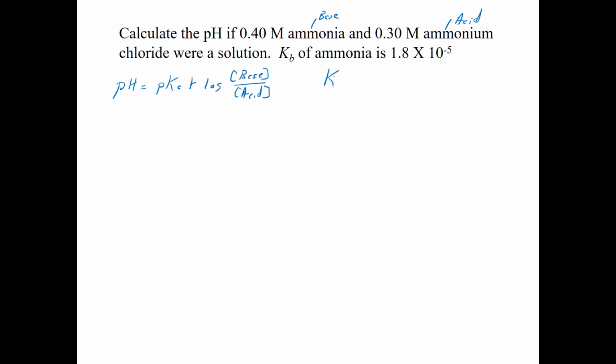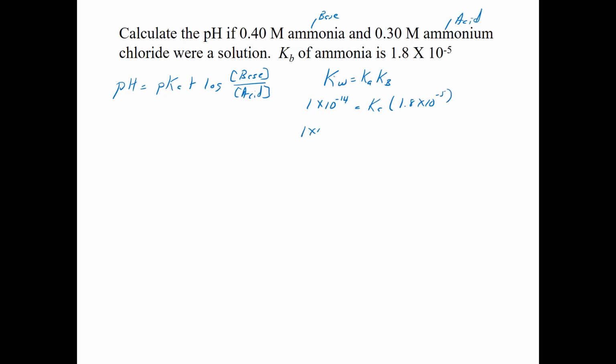So I'm going to use the formula Kw is Ka times Kb. Kw is still that 1 times 10 to the minus 14. Ka is what I don't know, times 1.8 times 10 to the minus 5.